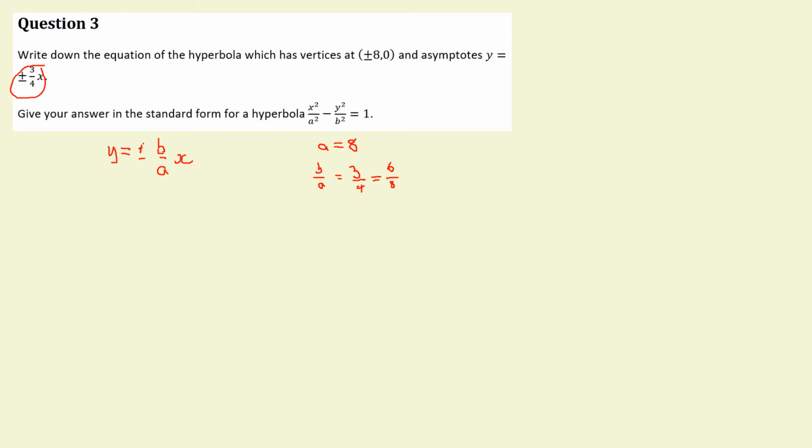And we know that a is 8. So once you've got a, you've got b, we can say b was 6, and we're straight into x squared over a squared minus y squared over b squared is 1. Okay, so that's that one.